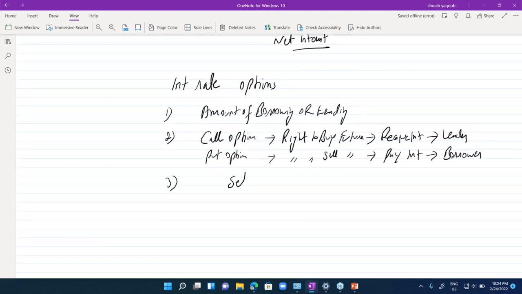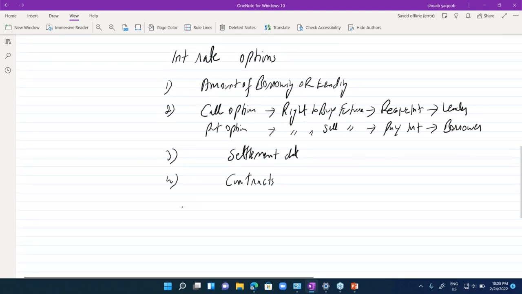Next, identify settlement date. Next, contracts. Borrower will always sell future. That's a rule. Now, premium cost.